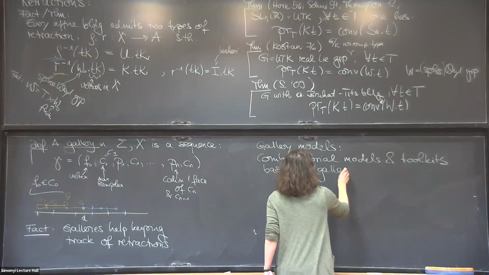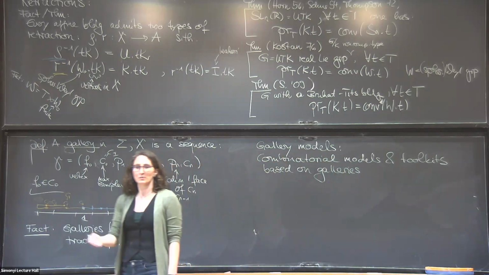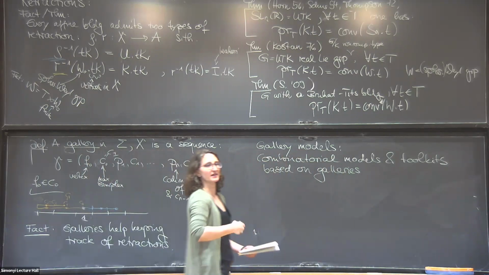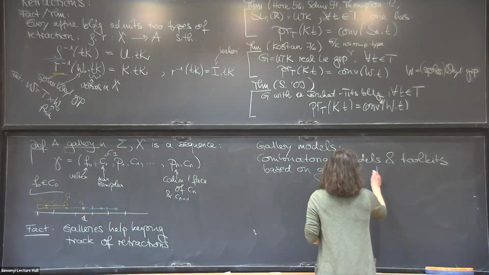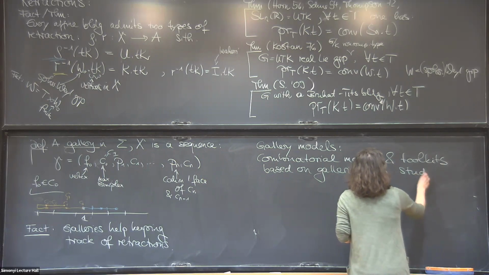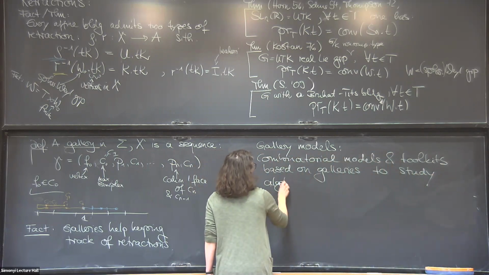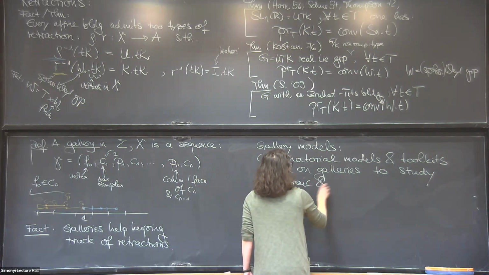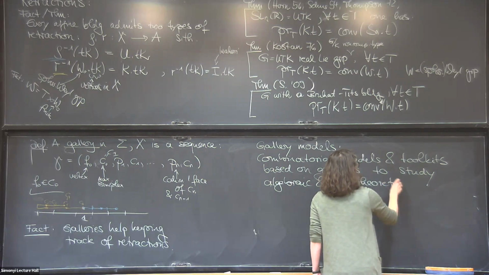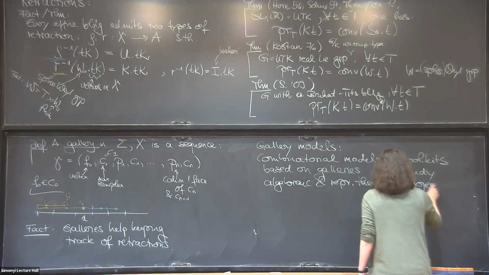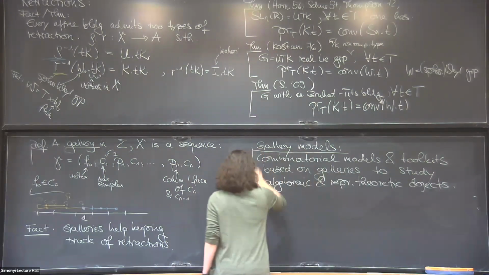So you keep track of a collection of galleries, you manipulate them with operators or explicitly by doing geometric operations to study algebraic and representation theoretic objects. Well, then I'm definitely not the first to look at these kind of things.